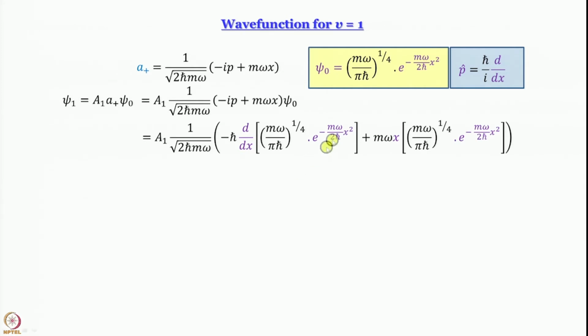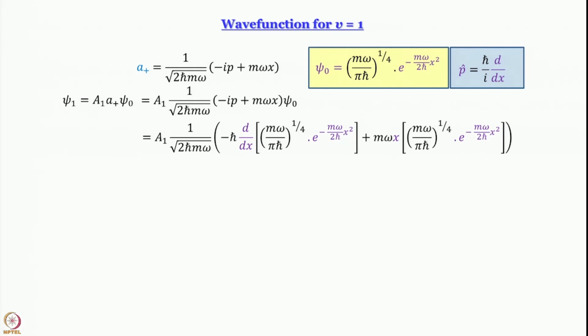So, the first term would be minus i p operating on psi 0, right. p is h cross by i d/dx. So, minus i p would be minus h cross d/dx. So, minus h cross being a constant comes out and d/dx operates on the wave function, (m omega by pi h cross) to the power 1/4 multiplied by e to the power minus m omega by 2 h cross x square.